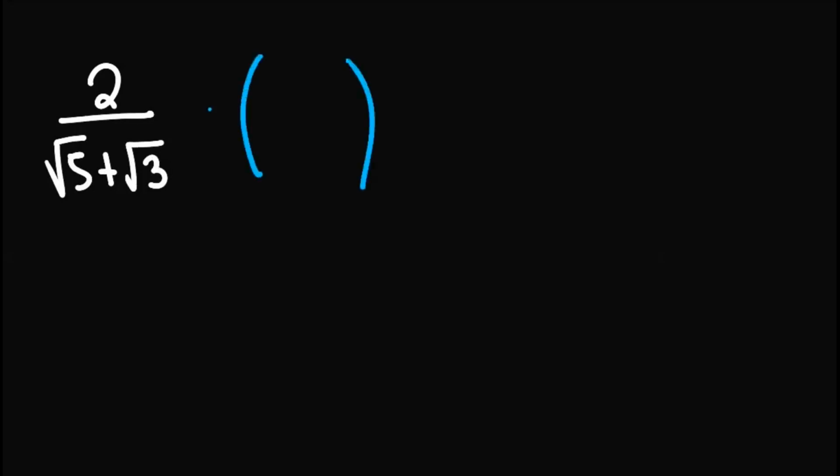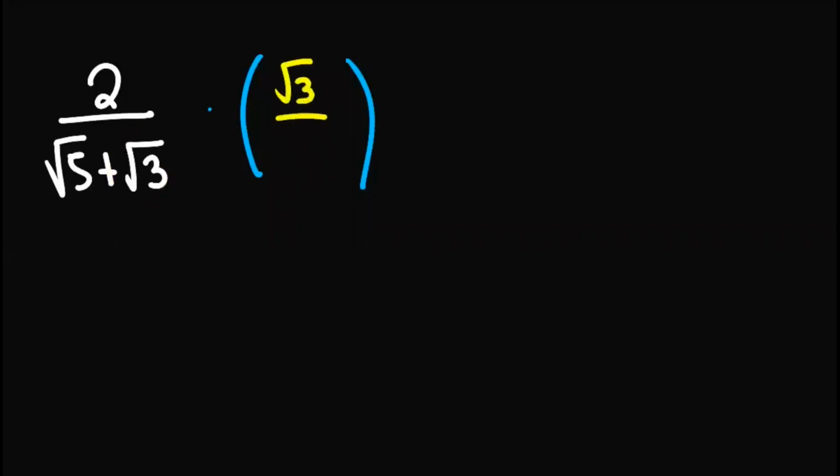Let's go on with a harder example. Let's have 2 over square root of 5 plus square root of 3. So what do we need to multiply? Maybe we're thinking of square root of 3 to cancel this one.